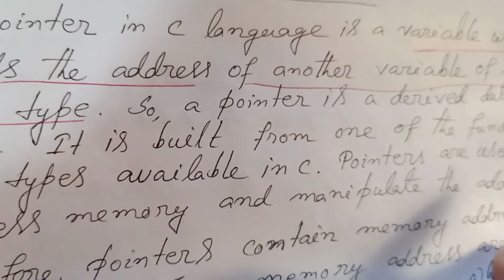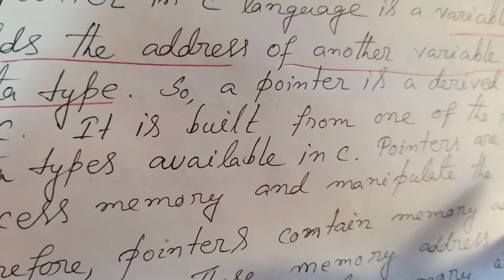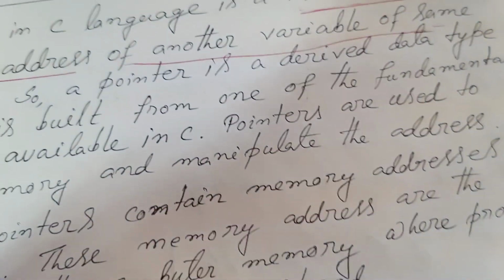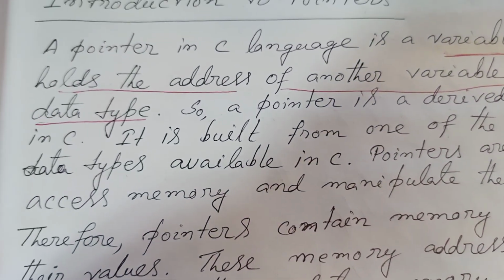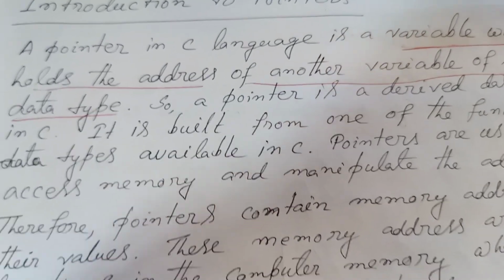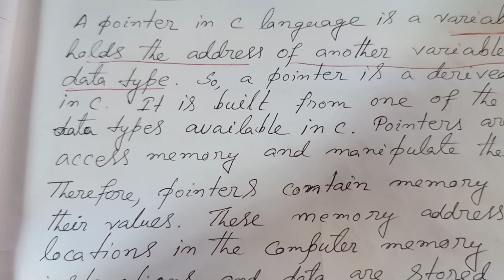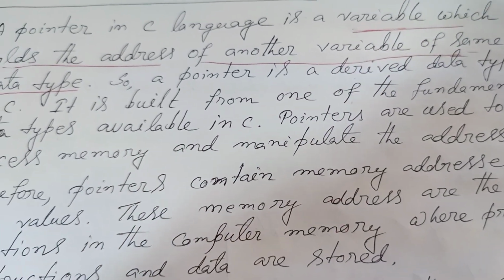So a pointer is a derived data type, we can say. It is built from one of the fundamental data types available in C. Pointers are used to access memory and manipulate the address.